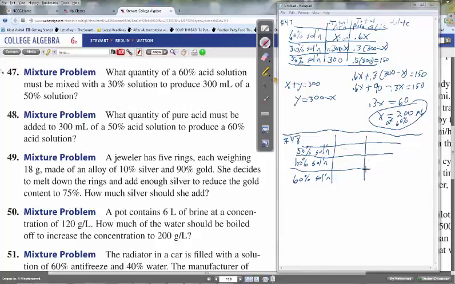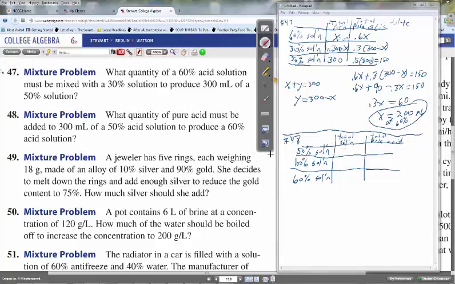I really have trouble drawing straight lines on this thing. Total solution, total pure acid.